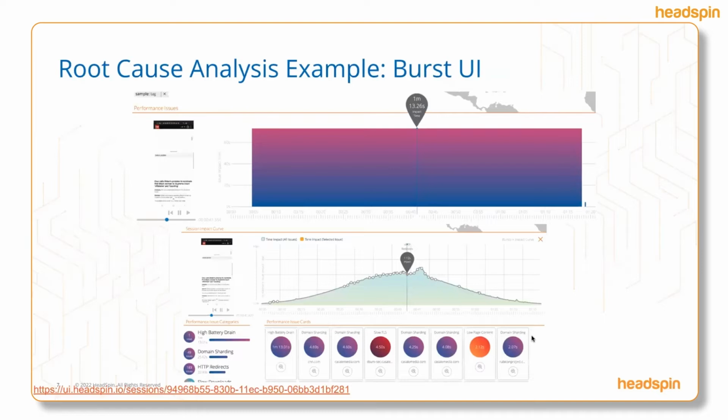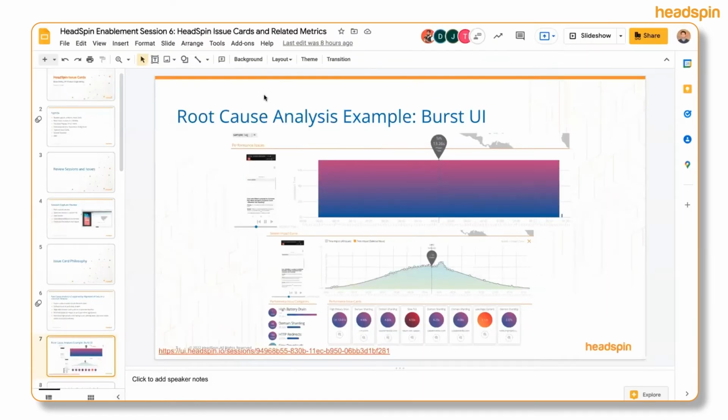And with regards to doing a root cause analysis, actually the burst UI is designed to basically hold the user's hand going through exactly this exercise. So in the burst UI, you have at the top level, in fact, I'll just jump into this UI.